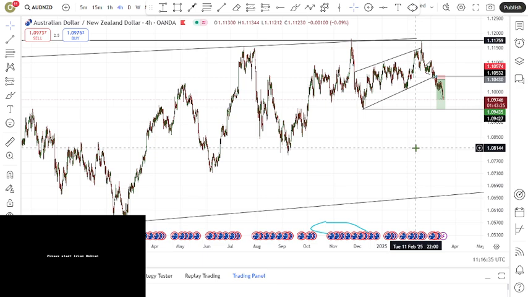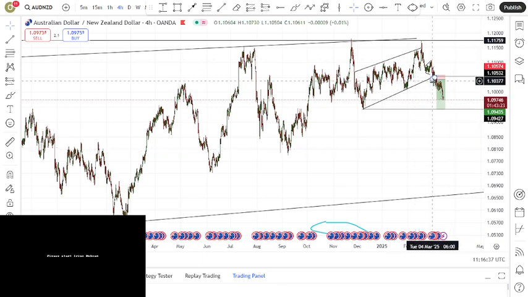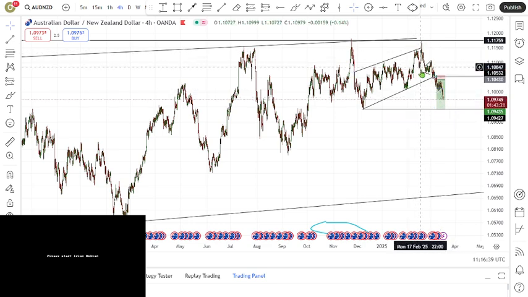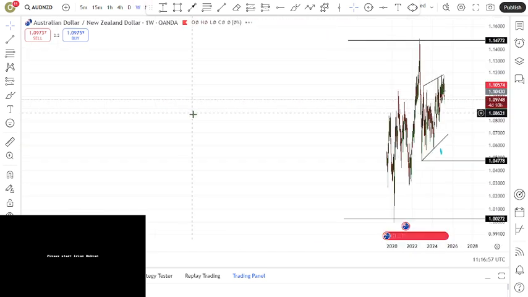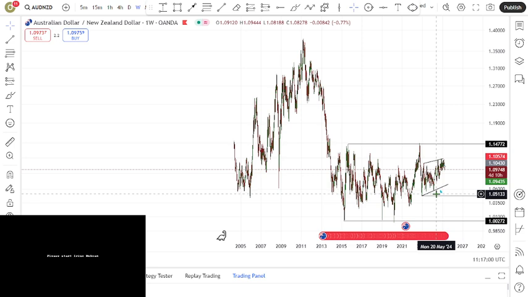The sequence is healthy. Impulse within this impulsive one. In your career, you get this kind of opportunities. If you have the skill set of a professional like me, you will be able to identify these opportunities and make money out of it. You don't have to complicate anything. There's no indicator here.